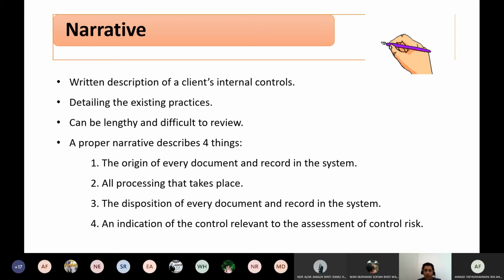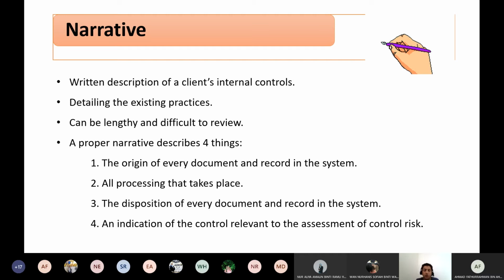Number four, the indication of the control's relevance to the assessment of control risk. It means the auditor will write down information about the internal control, which may take time, and it will be too long and difficult to review at a later time.